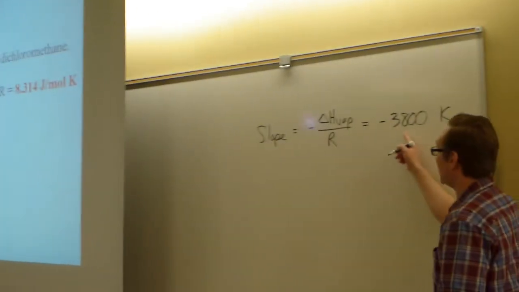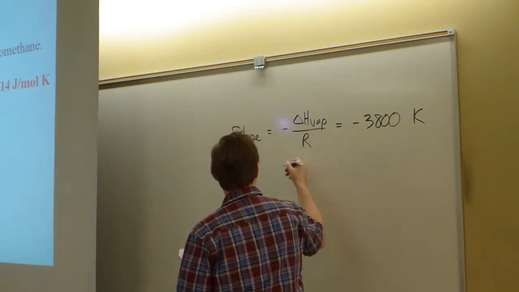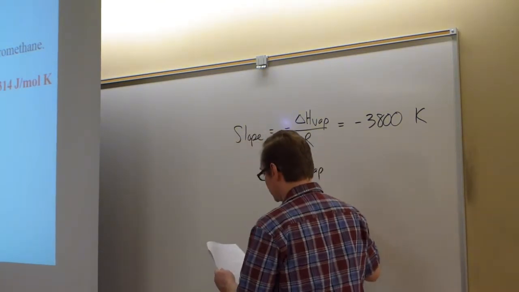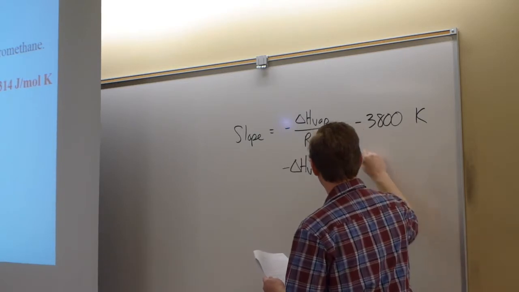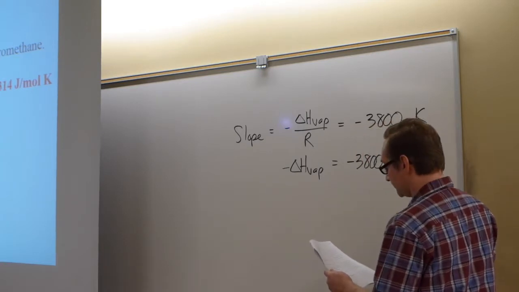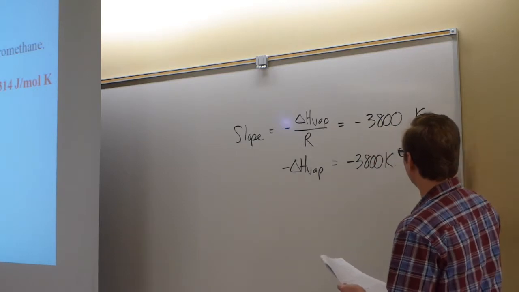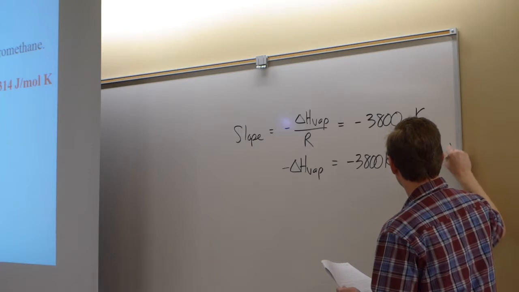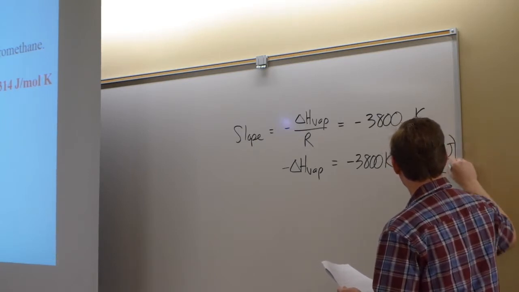So slope is equal to about negative 3,800 Kelvin, and then just to do the math here, negative delta H vap, vape, is equal to negative 3,800 Kelvin times, right, so we're going to multiply it by R over here, so it's times 8.314 joules per mole Kelvin.